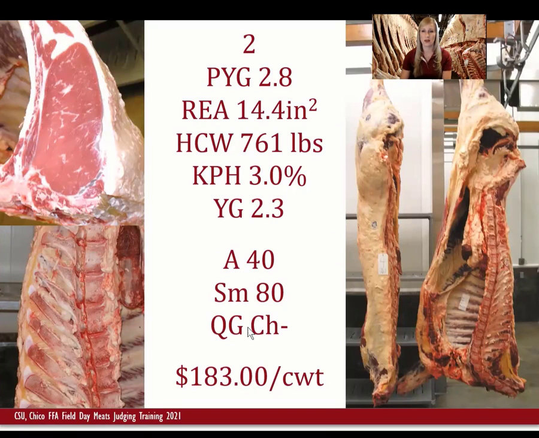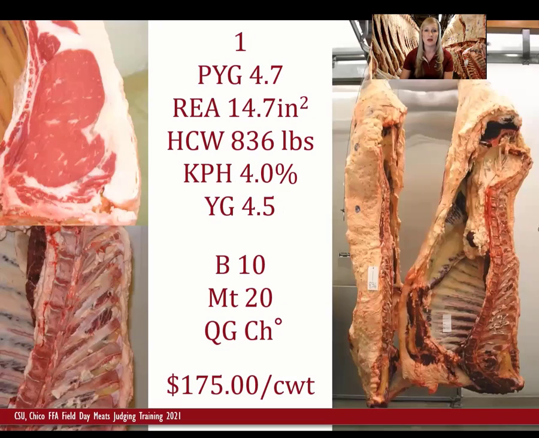So let's look at the value between these two carcasses, and that will also help solidify that ranking. A low choice yield grade 2 carcass will come out to be $183 per hundredweight. So this carcass has more value per pound than carcass number 1, because for number 1, we have to trim away a lot of that fat, and that fat is going to be thrown away and not sold in the retail case.